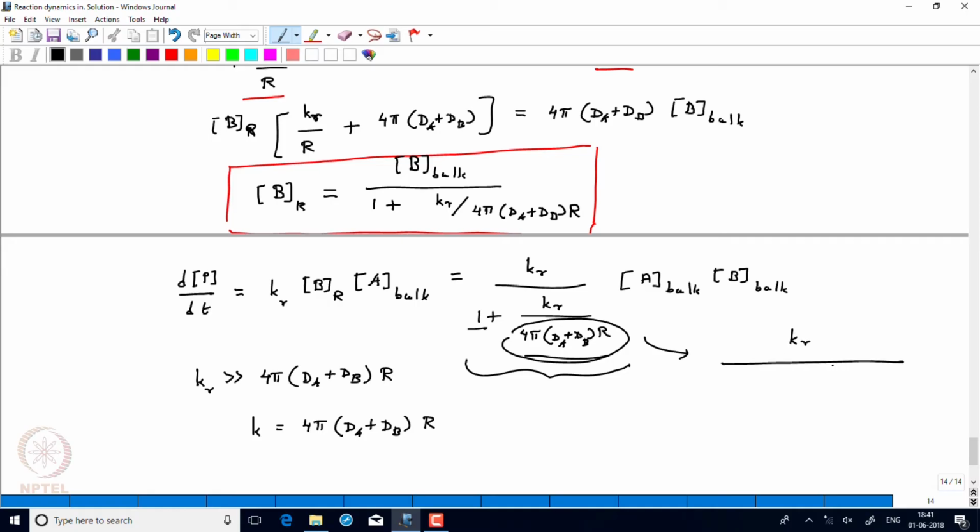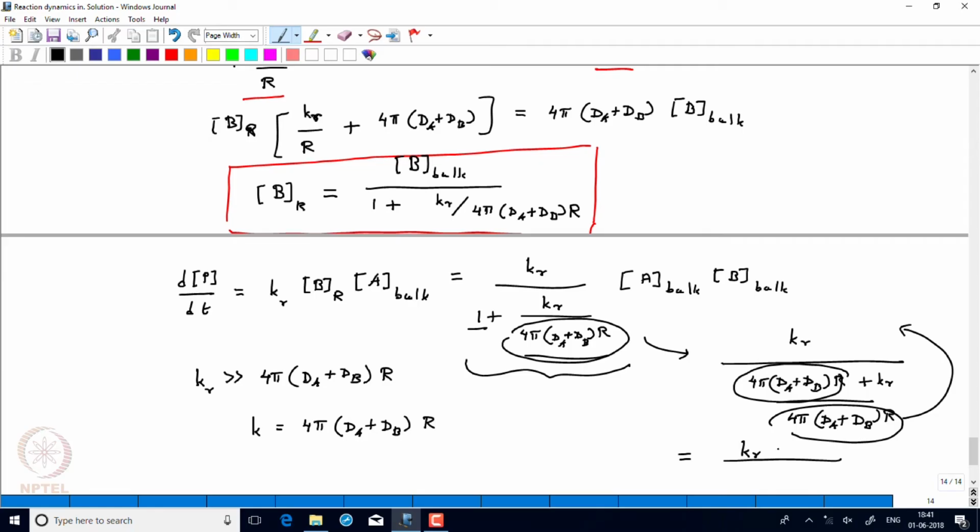It will be Kr divided by 4 pi dA plus dB into R, plus Kr divided by 4 pi dA plus dB into R. Now this term we can actually ignore with respect to Kr, so that we can write it as Kr, and this term will now go in the numerator, into 4 pi dA plus dB times R divided by Kr, and this Kr gets cancelled. So that is how we are getting it.